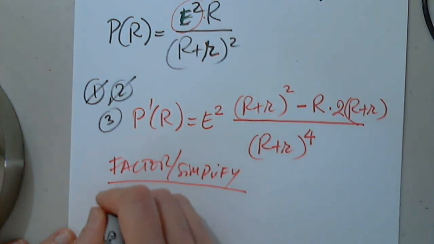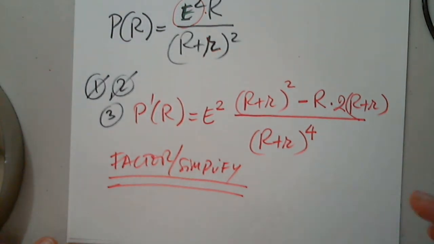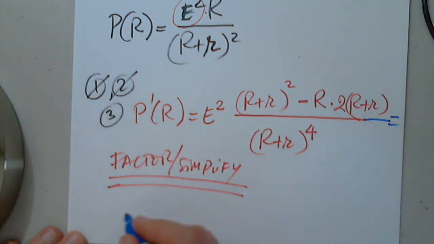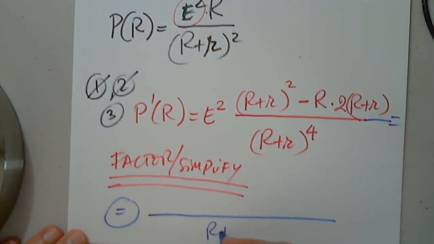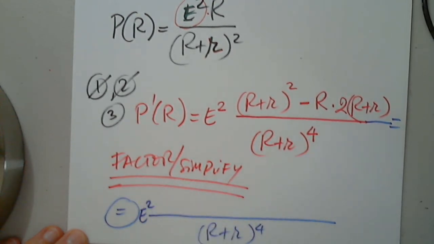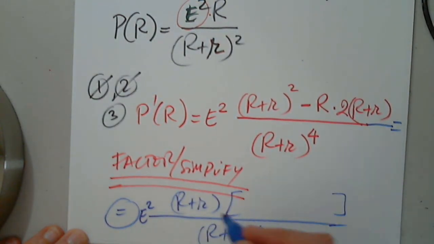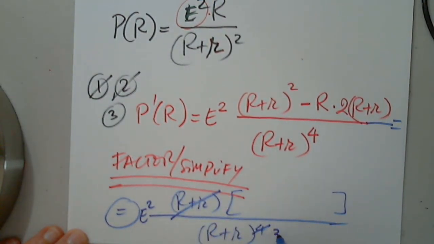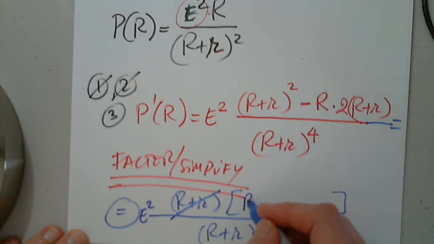Always, always, please. So, of course, I will factor out what? R plus r. Of course, thank you very much. So E squared stays in front. So R plus r come out. Now I can remove one of them. So I took one out, but there is one left.